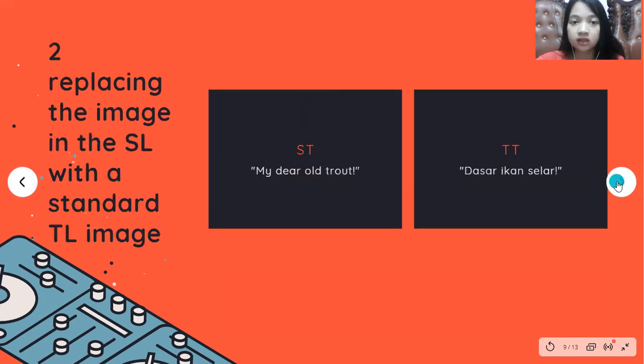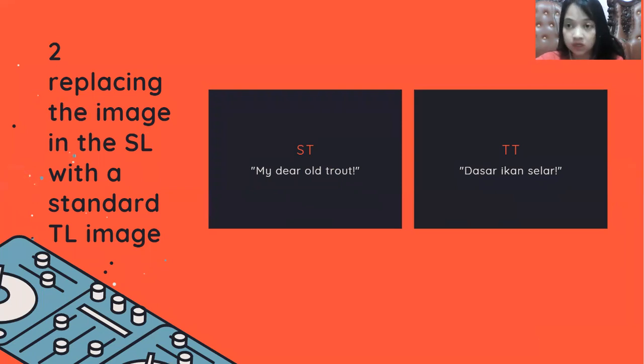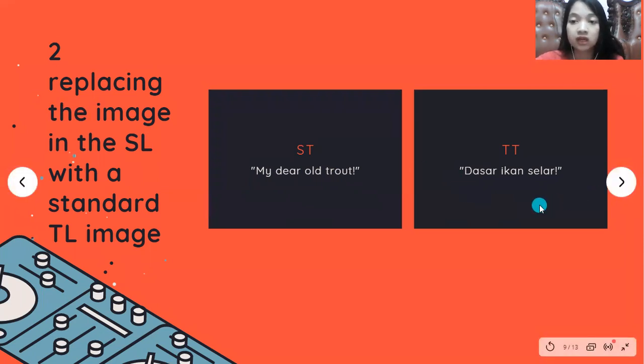And the second strategy is replacing the image in the source language with a standard target language image. In this example, we have "my dear old trout," translated into "dasar ikan selar." Trout is a freshwater fish, but it is not commonly found in Indonesia. So the translator decided to use ikan selar.